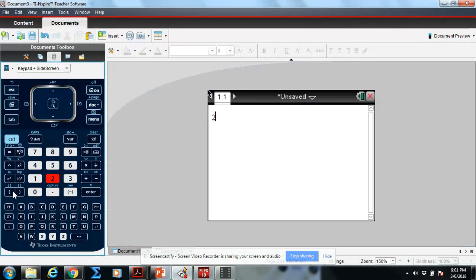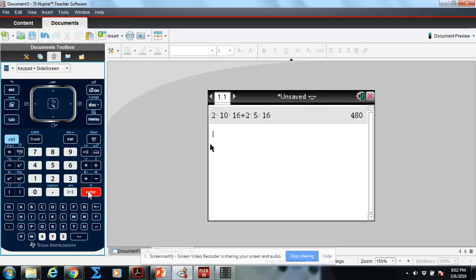So I've got 2 times 10 times 16 plus 2 times 5 times 16. If I type it all in one line, I don't have to worry about the order of operations. The calculator will do that for me.